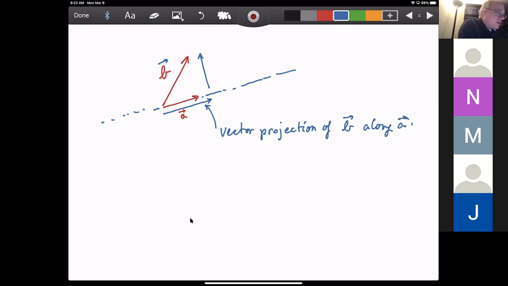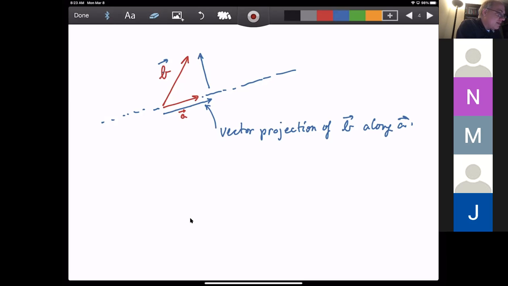The vector projection of one vector along another would be the component. So if we're talking projection of B along A, that would be the vector you need that is in the direction, in this case, of the vector A, in order to build the vector B as that vector that's parallel to A plus another vector which is perpendicular to A. So really it comes exactly out of this triangle.